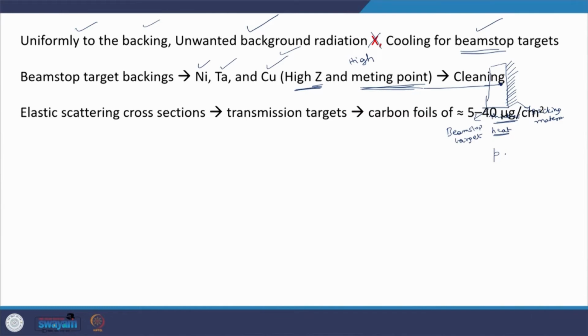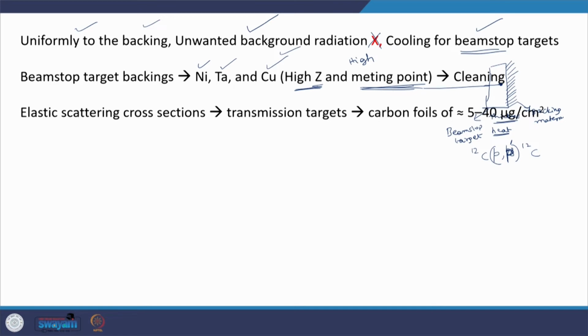Do you remember one nuclear reaction, that is a proton on carbon? If I take the scattering, then it is p, p prime on 12C. So, the proton, by interacting with carbon 12, undergoes scattering.